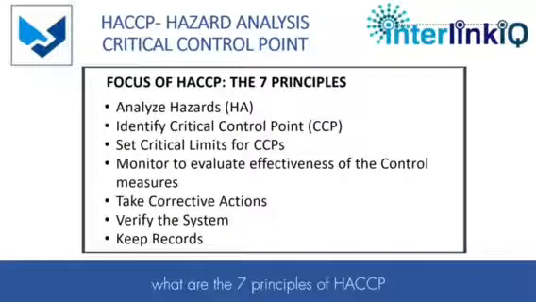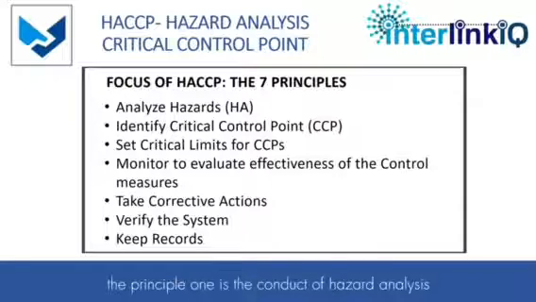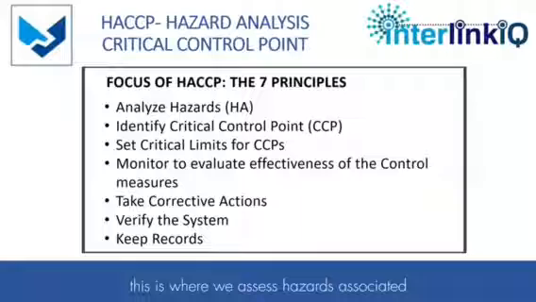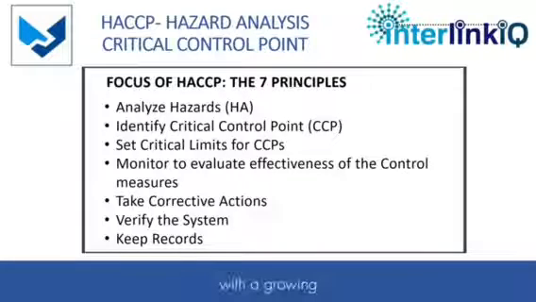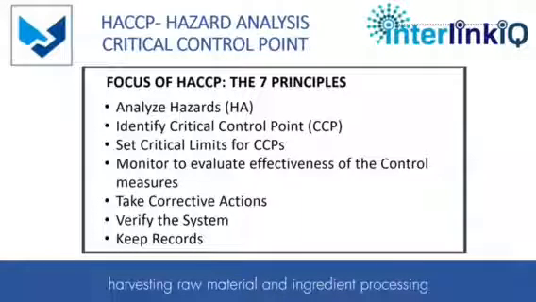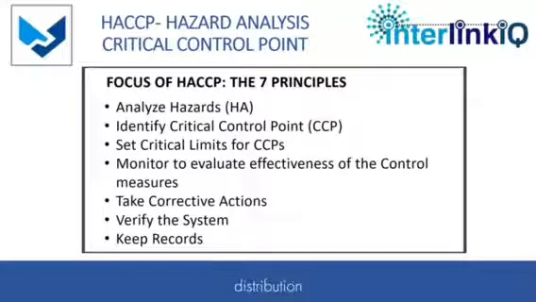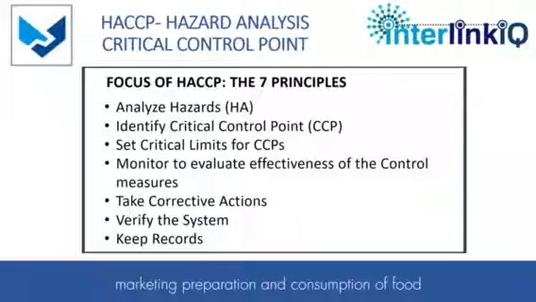What are the 7 principles of HACCP? Principle 1 is the conduct of hazard analysis. This is where we assess hazards associated with the growing, harvesting, raw material and ingredient processing, manufacturing, distribution, marketing, preparation, and consumption of food.